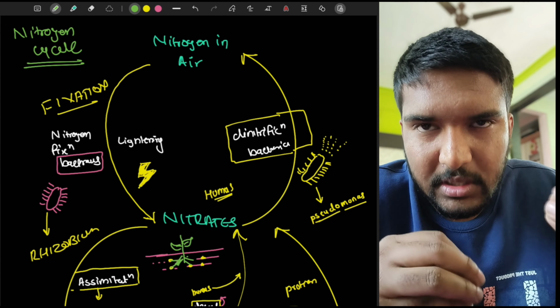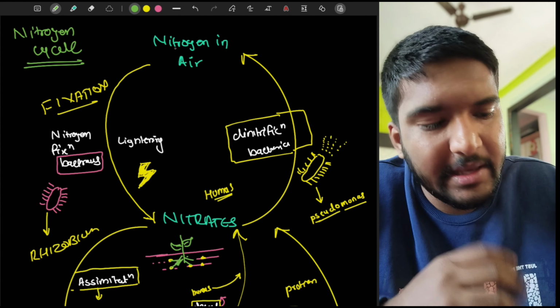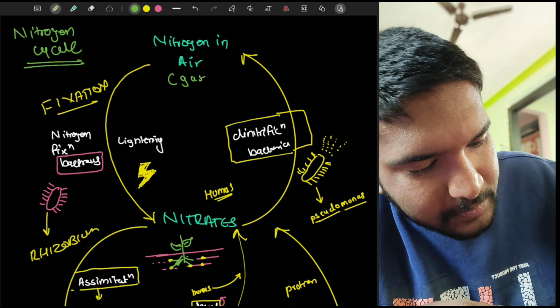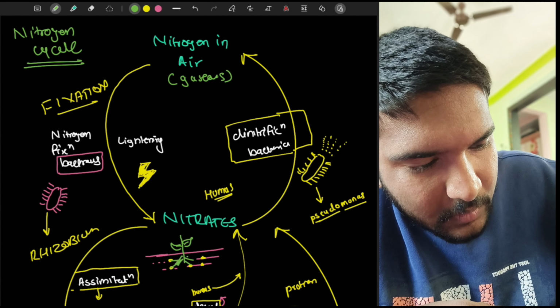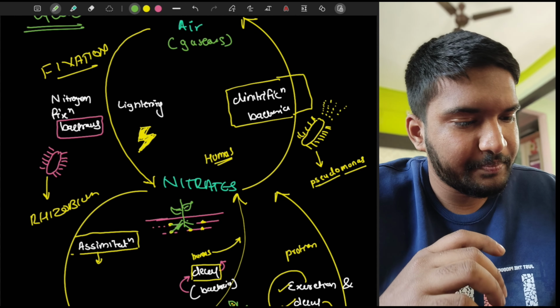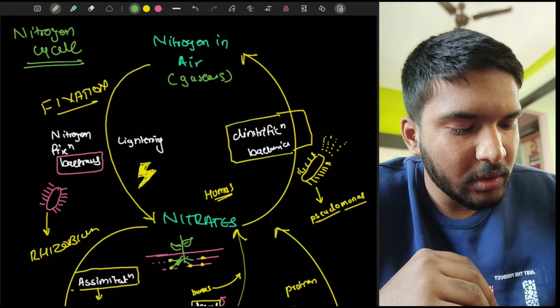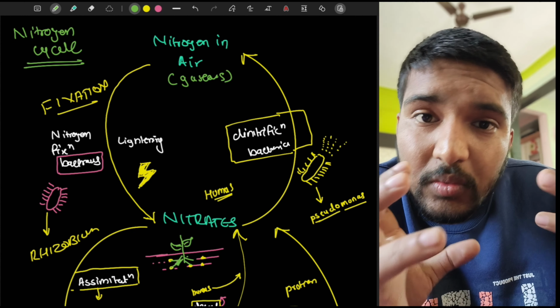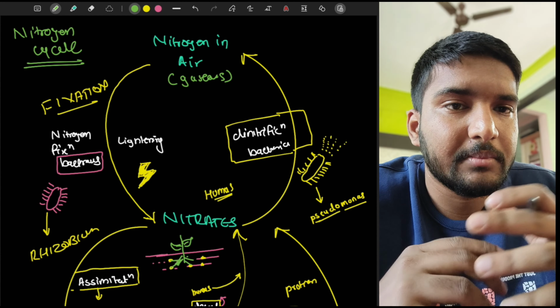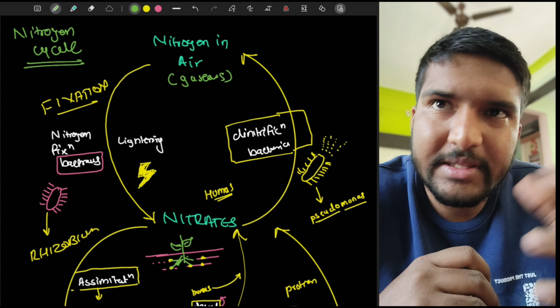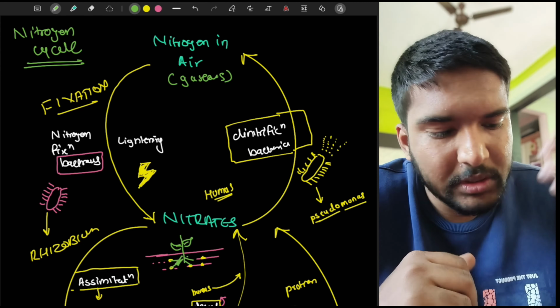First, let's start with the nitrogen in the air, that is the gaseous form. How does the gaseous form of nitrogen get converted into compounds, or let's say solid form, not exactly solid form, but into compounds?